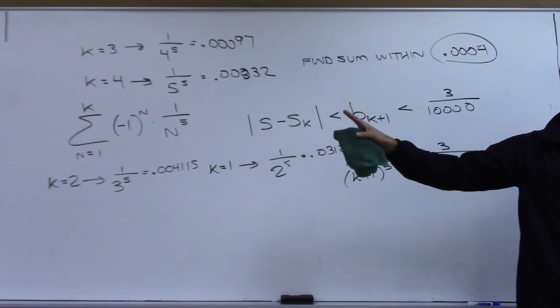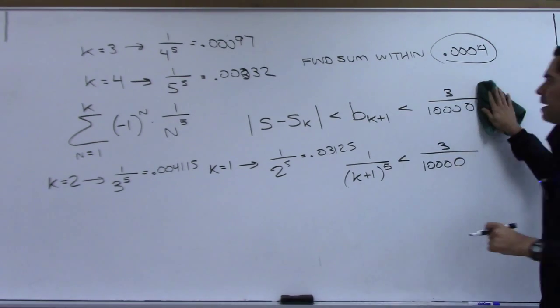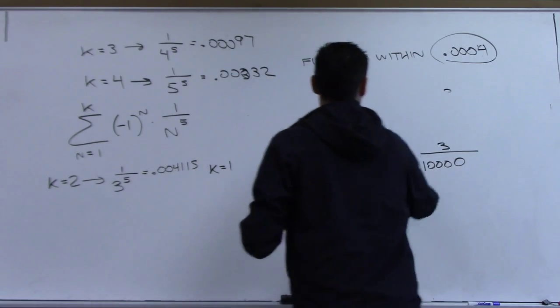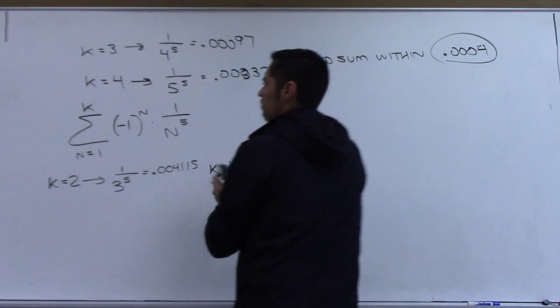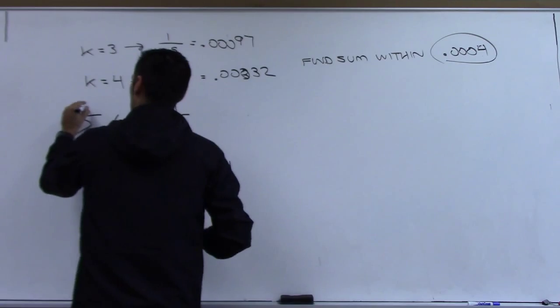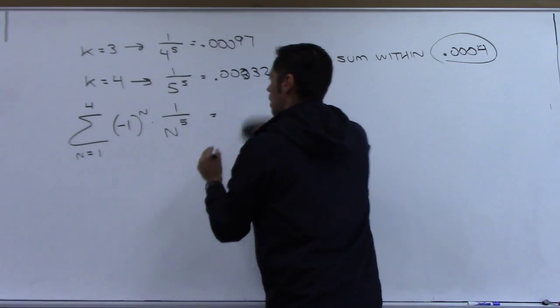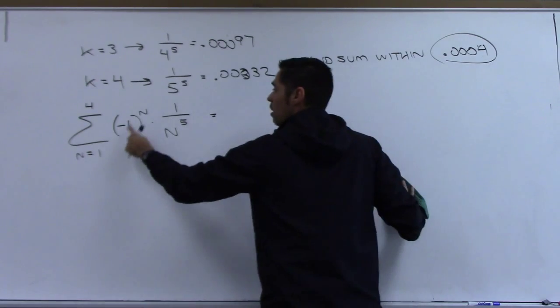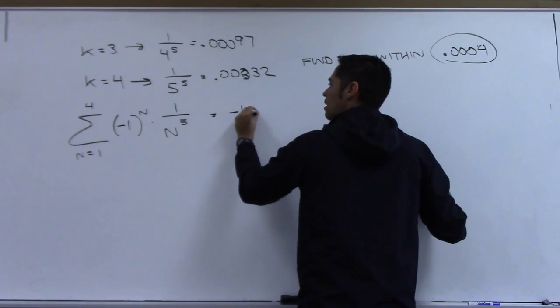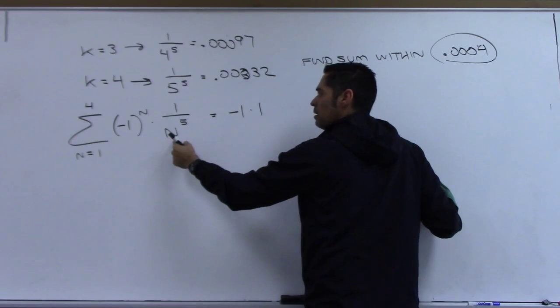Okay, so the first 4, right? If k is 4, I know I'm out of time, but I want you to appreciate what we can do now. I can actually take this sum right here to 4. If I just go to 4 and I start plugging in, what happens? N is 1, I get negative 1 times 1, right, if n is 1.